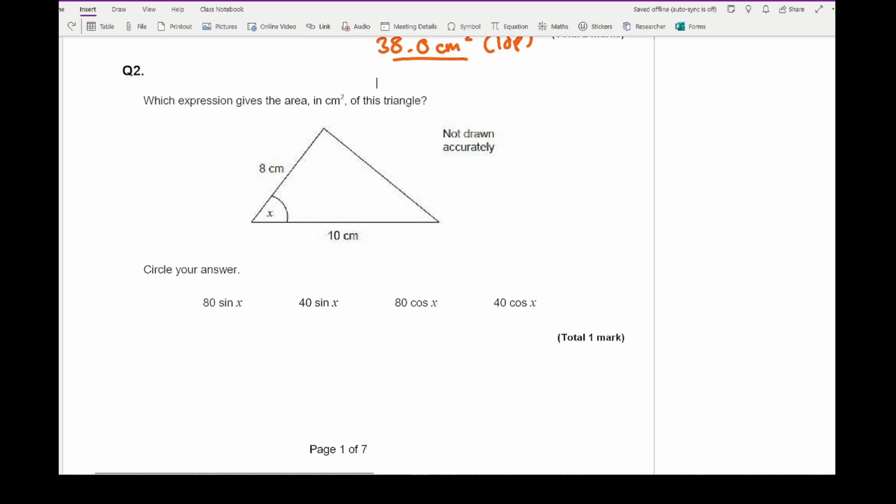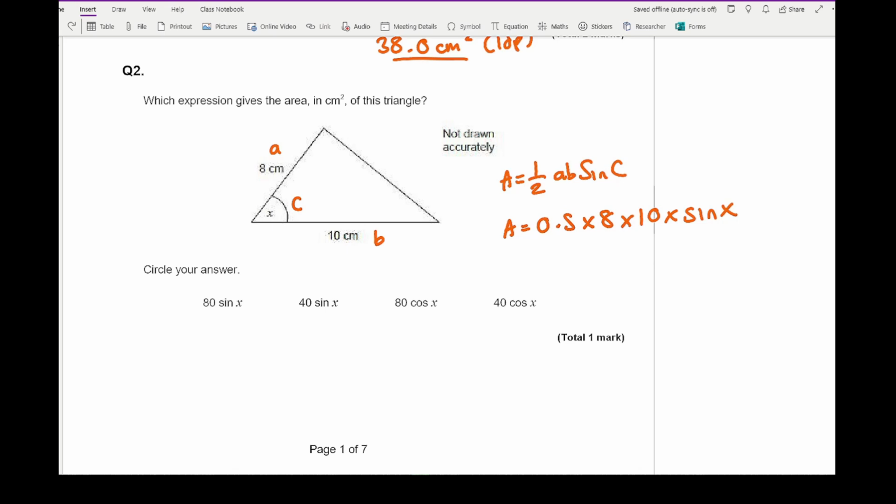Moving on to question 2, it says which expression gives the area in square centimetres of this triangle. Now again, we're given an angle, even though it's called x. I can then use the sine rule to work this out. So I've got AB, which are the two sides that make the angle, and I've got C equals x. So again, using the formula of a half AB sine C, I've got A equals 0.5 multiplied by 8 multiplied by 10 multiplied by sine x.